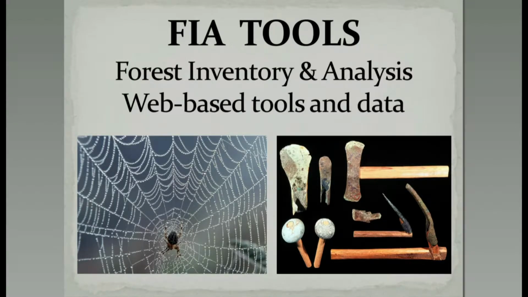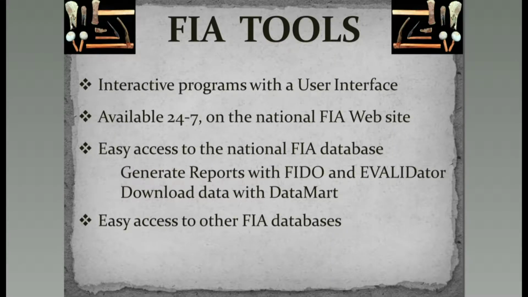So the FIA tools are the Forest Inventory and Analysis web-based tools and data. There's interactive tools with user interface to generate reports. It's available all the time on the website. It's easy to access the national data.